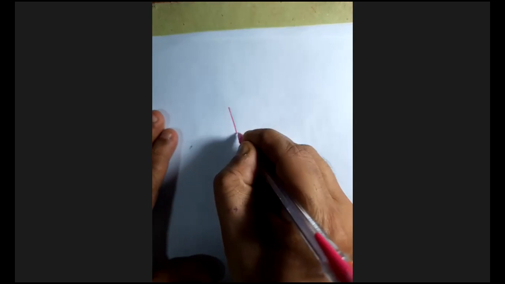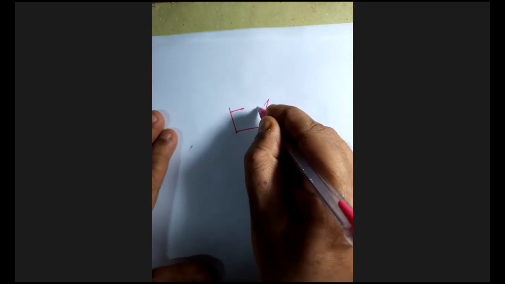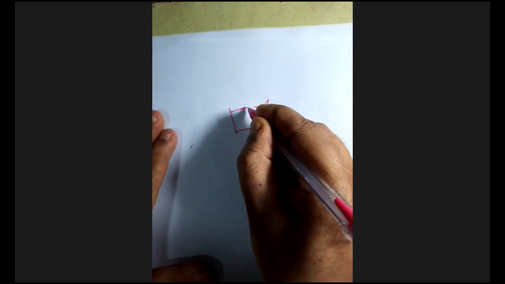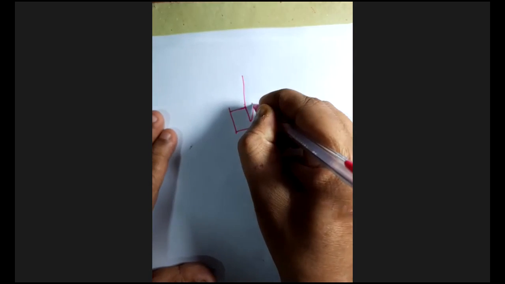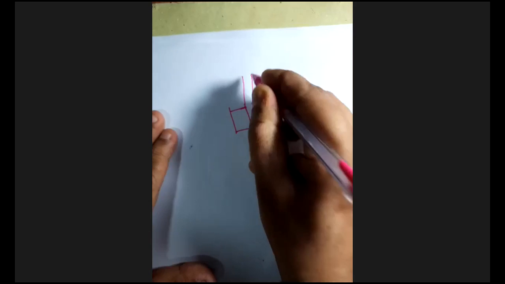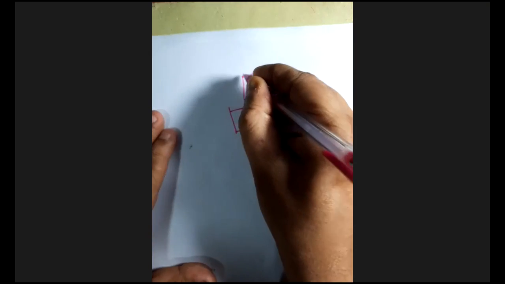Similarly, when you go for twig grafting, here also there will be a rooted part, and that rooted part is going to make the stock.